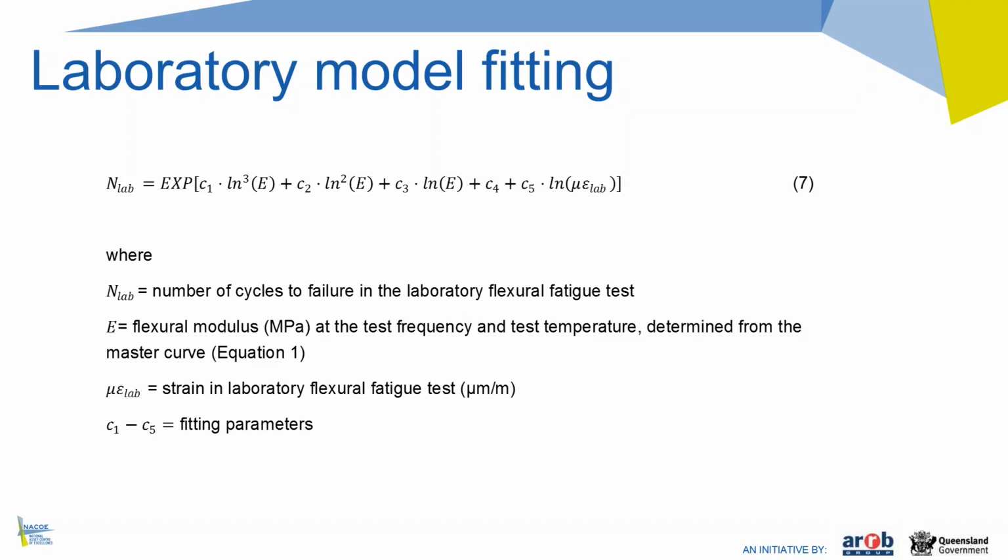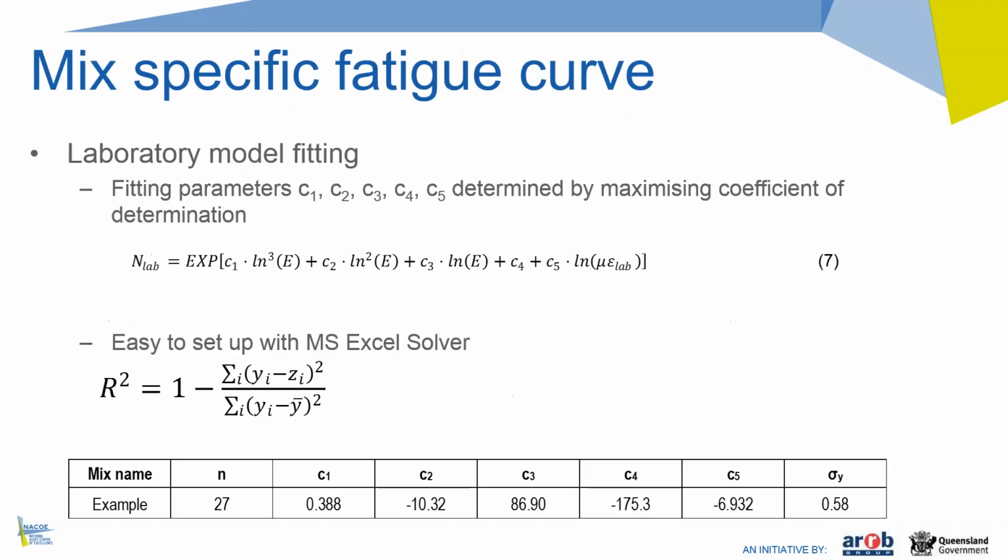Again, we're predicting the number of load cycles to failure based on the modulus of the material and the strain level in the test, and then we've got 5 fitting parameters, C1 to C5, that we'd be fitting to the data. We'll be doing that in much the same way as we did with the modulus master curve.